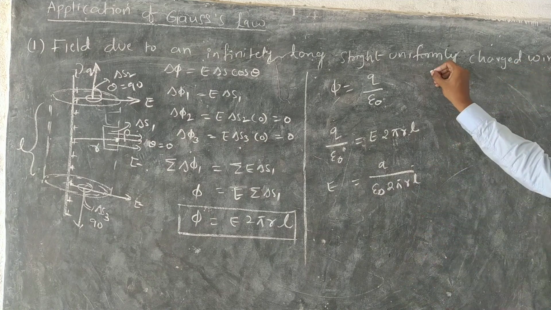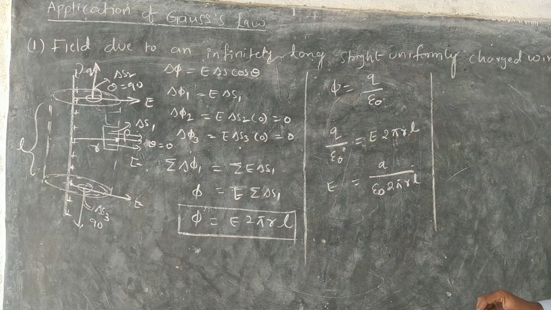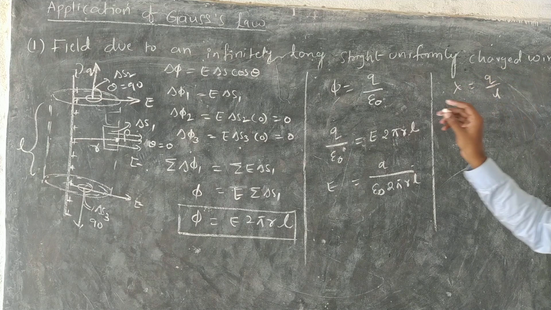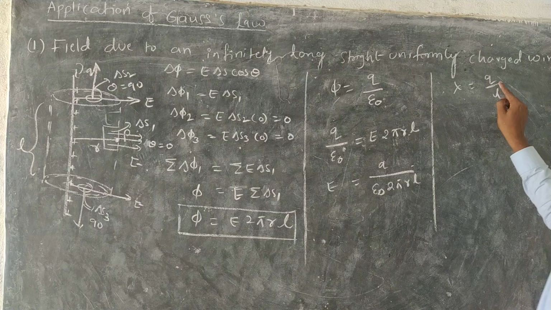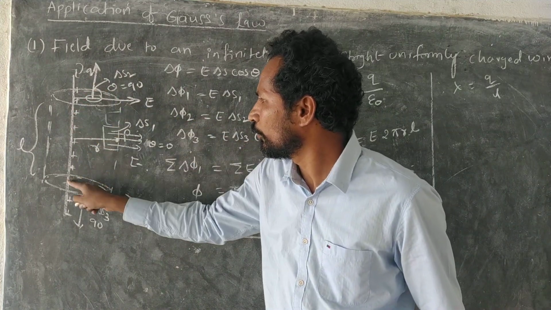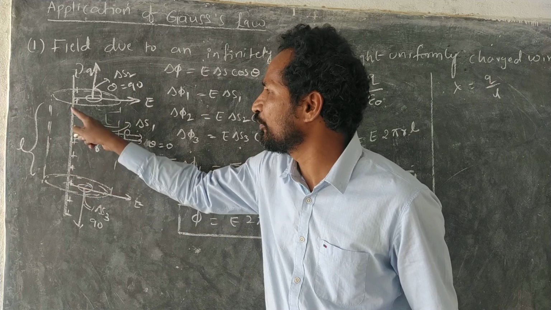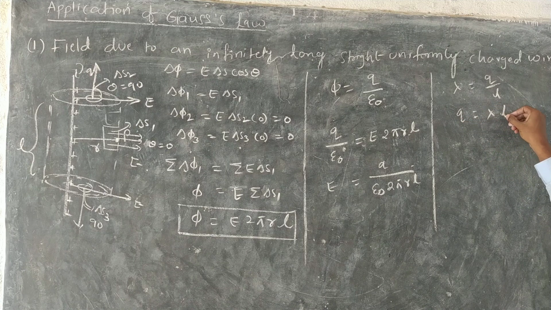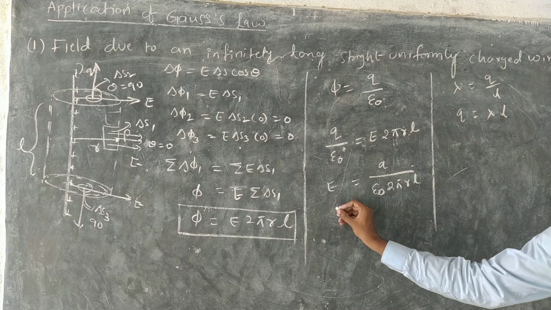Clear? Already I mentioned in the last class, linear charge density lambda is equal to Q by L. This Q is distributed throughout the wire, so the linear charge density is the same everywhere. So lambda is equal to Q by L, Q is equal to lambda into L. Substitute this Q value here.